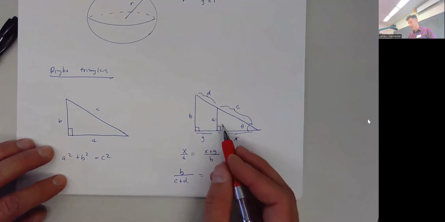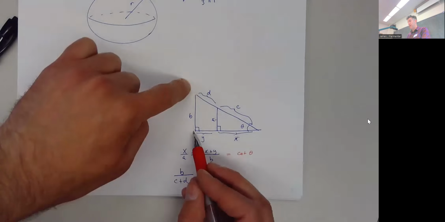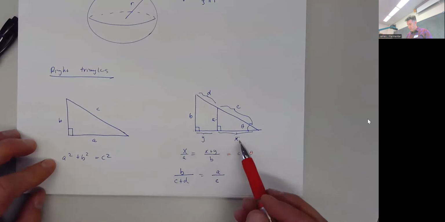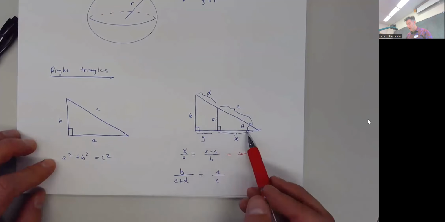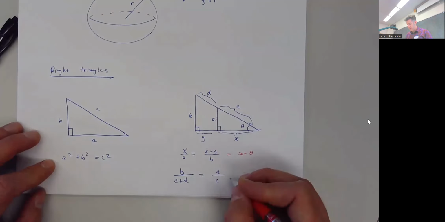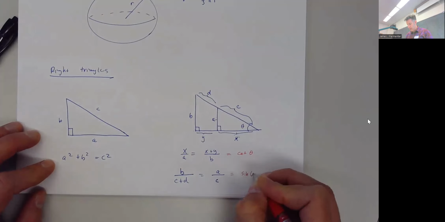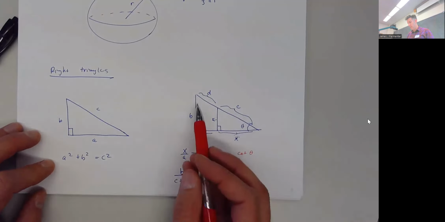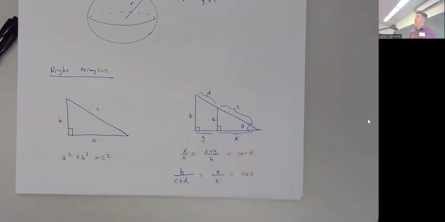So it's either x over a or it's this adjacent over that opposite, x plus y over b. Same deal down here. A over c is opposite over hypotenuse. So that's really sine of theta. But is it this opposite over that hypotenuse, or this opposite over that hypotenuse? This should be the same. That's why these ratios have to equal each other.